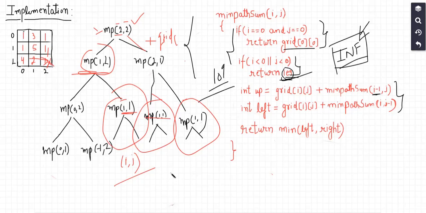Also, we are building the solution of a larger problem from the solutions of smaller problems. Hence it satisfies the properties of dynamic programming, so we can memoize the results which are computed here. Once the result for this function is computed, I can memoize it so that it can be used when this function has to be called again.